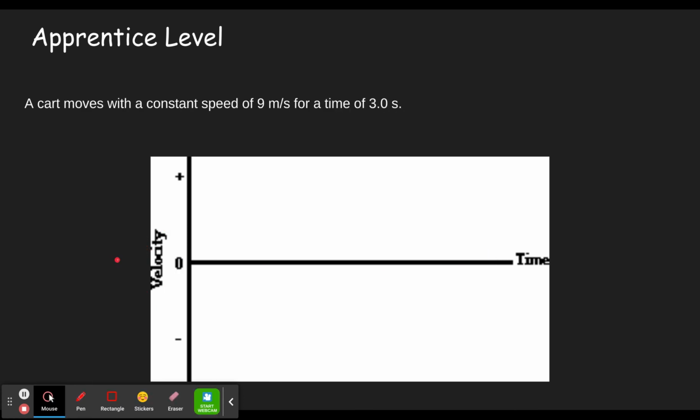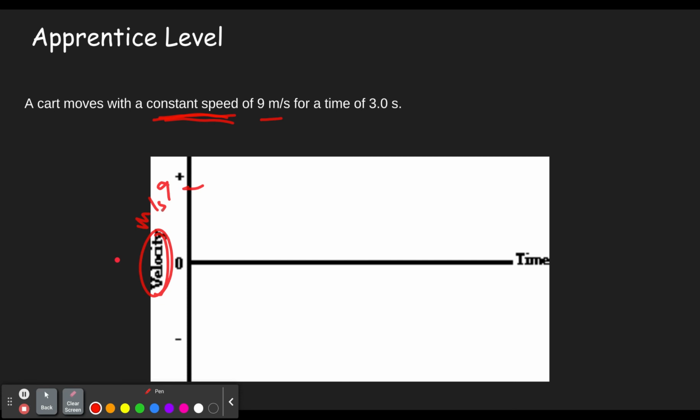All right, next one. A cart moves with a constant speed of 9 meters per second for a time of 3 seconds. Okay, so this one's fairly straightforward. We're looking for what its velocity is at each point in time, and it says its speed or velocity is going to be constant, and it's going to be 9 meters per second. So look for a little mark that says 9. This should already say meters per second.